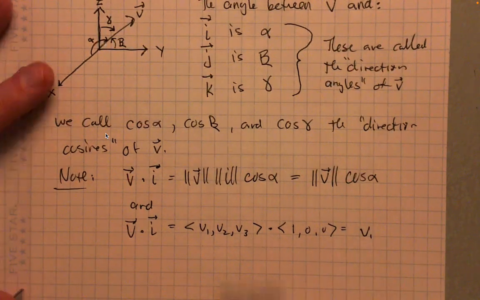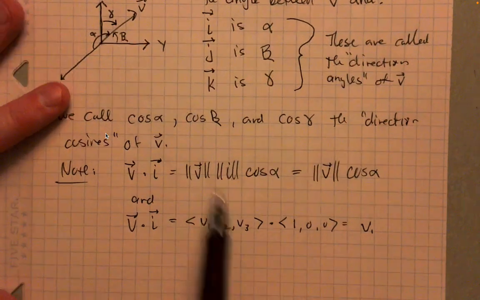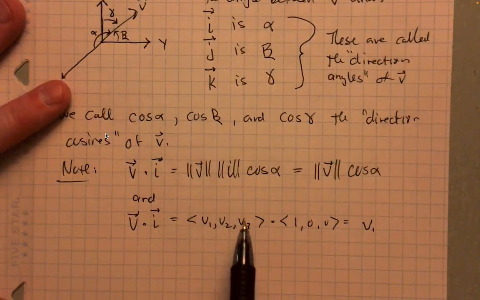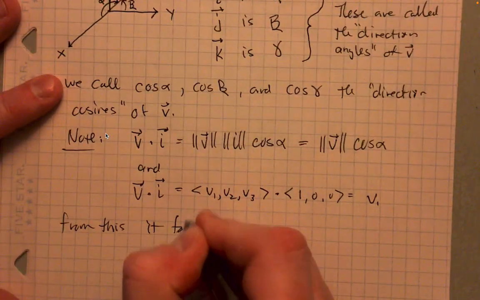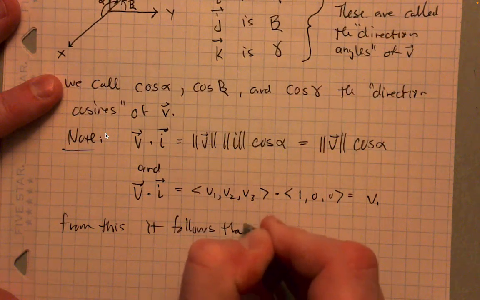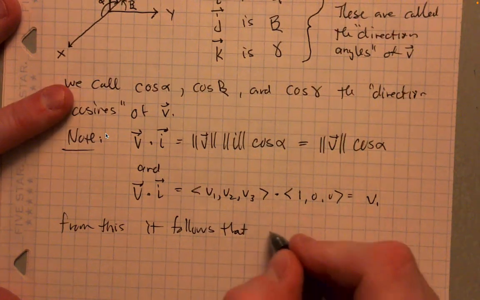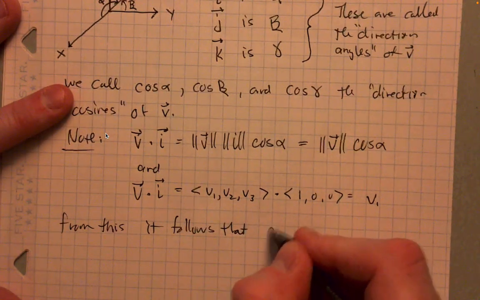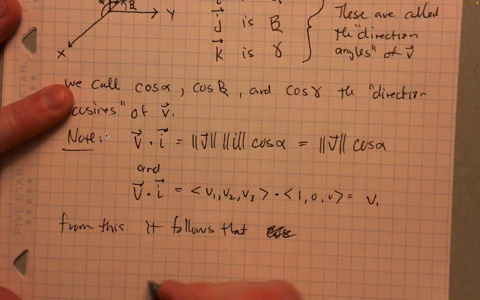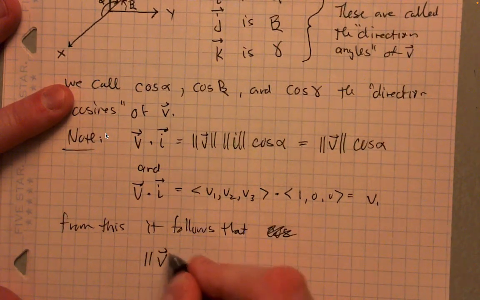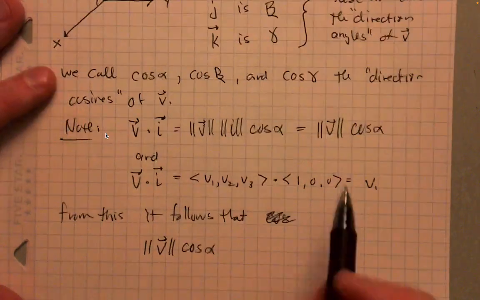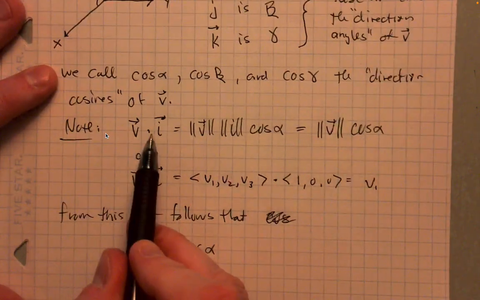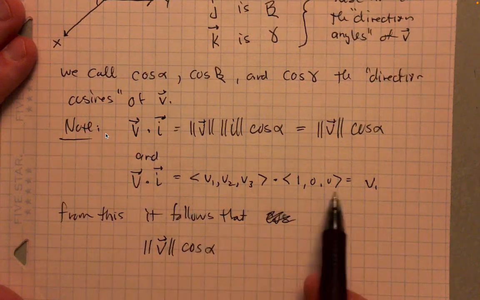Given these two facts, it follows, and you may be able to see it already, but let's derive it. The norm of v times cosine of alpha is equal to v dot i, and v dot i is also equal to v1.